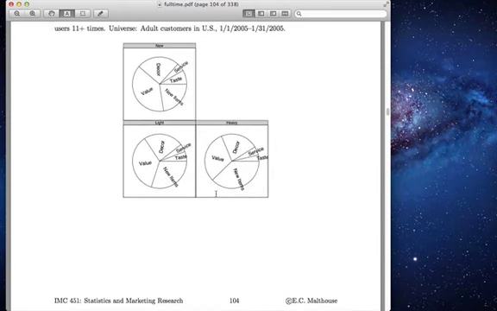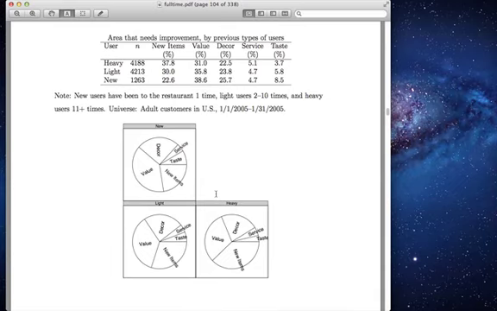So what exactly does he mean by that? Well, the comparison that you want your audience to make is going to be, well, there's actually a couple comparisons that you're interested in. First off, what do heavy users care about? In order to deduce what heavy users care about, the audience must compare this slice to the other slices and conclude that, okay, this slice is larger than the other slices.